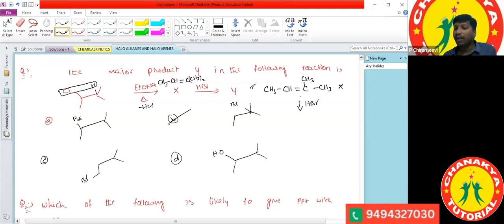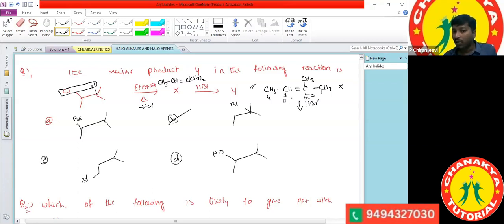We follow the anti-Markovnikov rule only if the reaction is given in the presence of peroxide, but they didn't give any peroxide, so we follow the Markovnikov rule. According to it, the negative ion attaches to the carbon having fewer hydrogen atoms in the alkene. The second and third carbon atoms form the alkene. At the second carbon the number of hydrogens is 0, but the third carbon has one hydrogen.